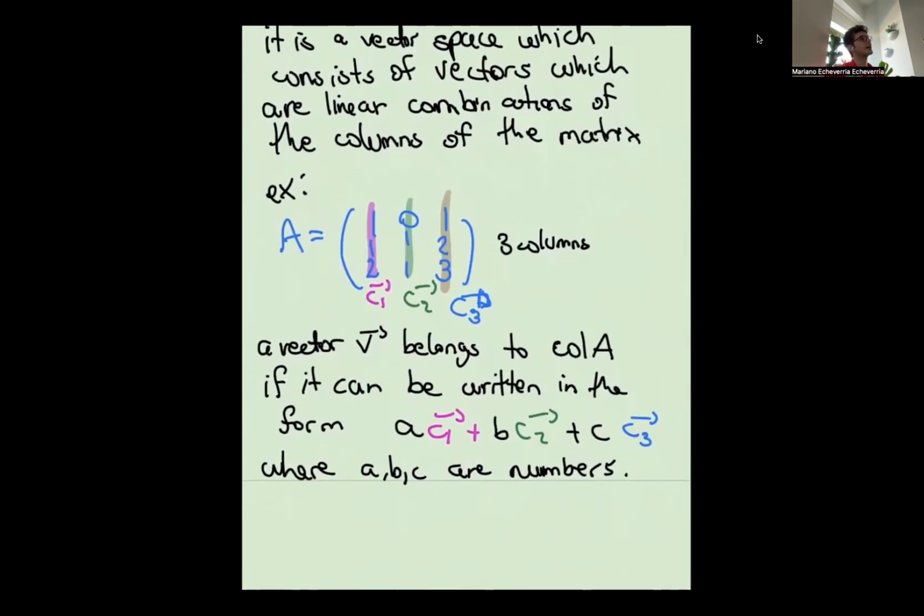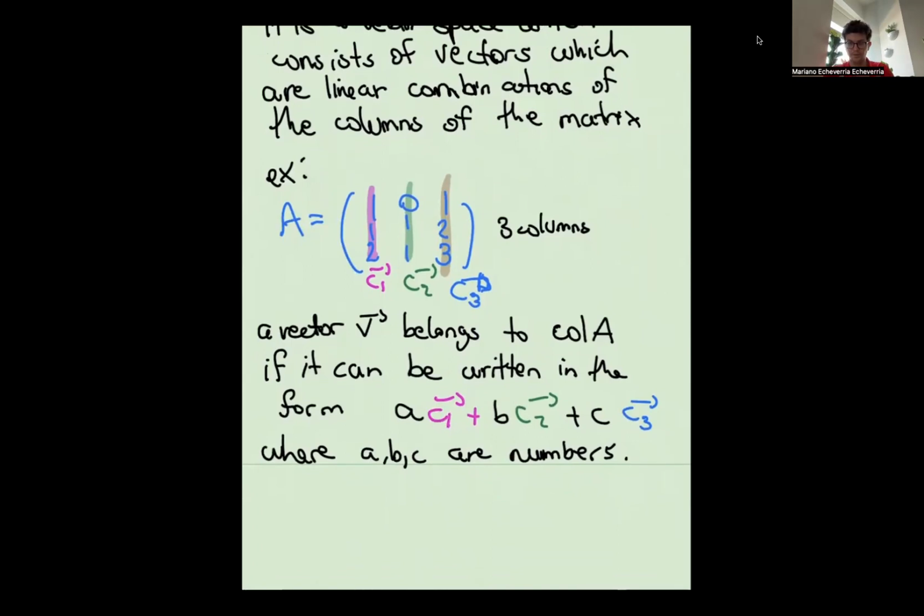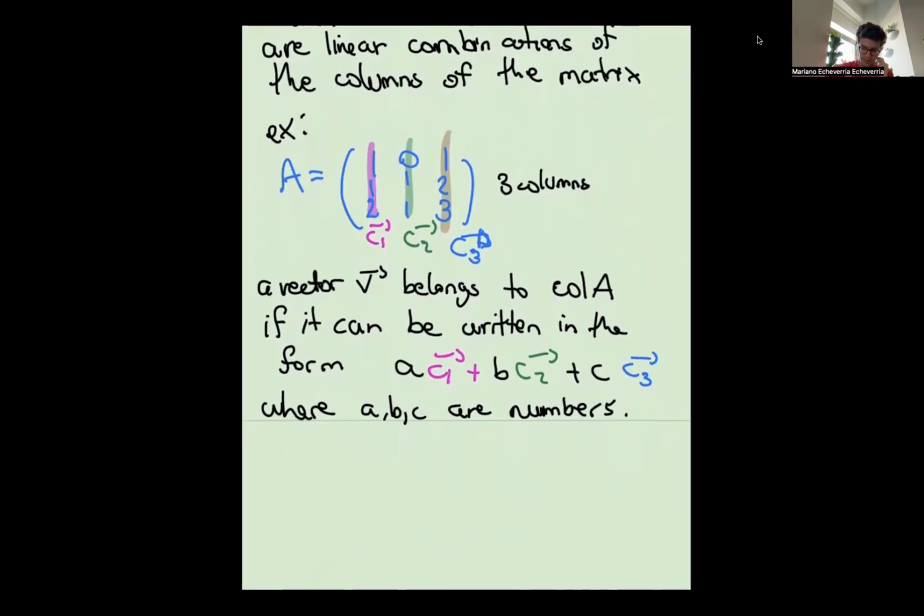Now the thing is, just as before with the rows, what can happen is that sometimes the columns are redundant. The columns can give you redundant information.